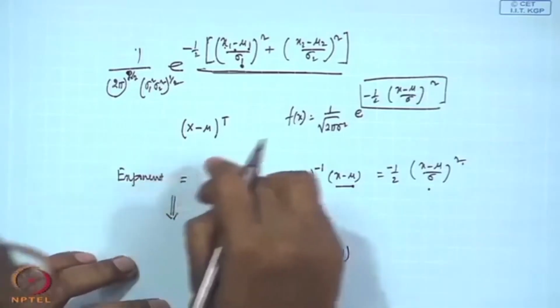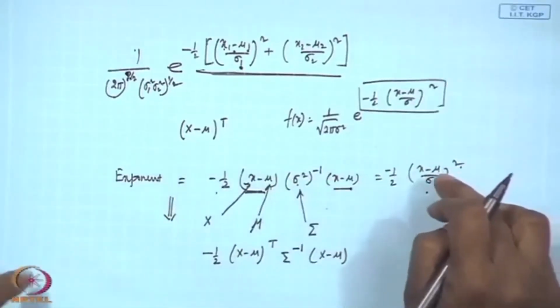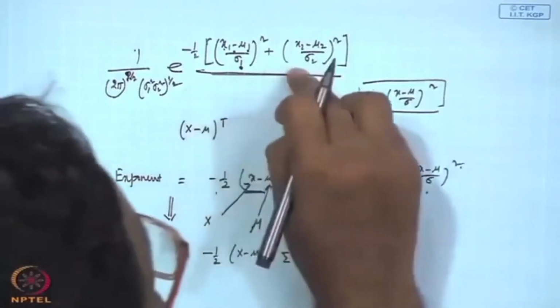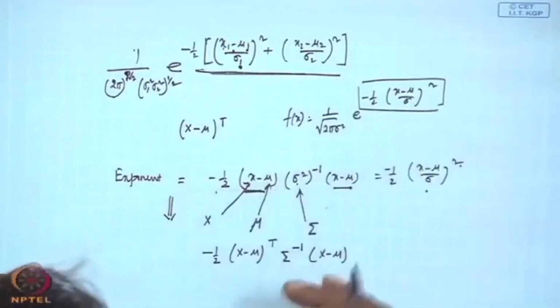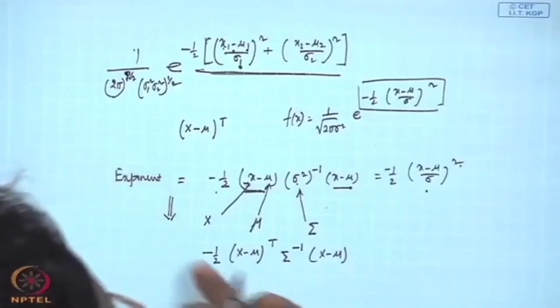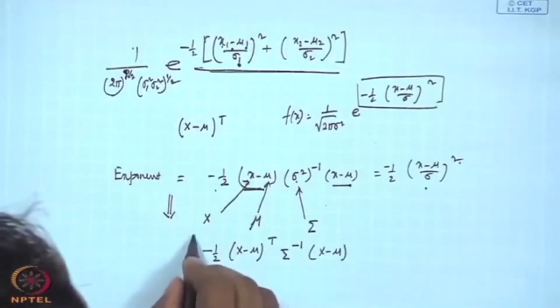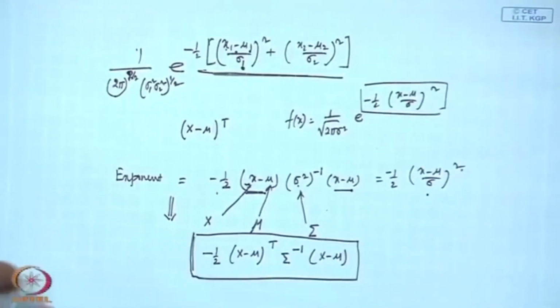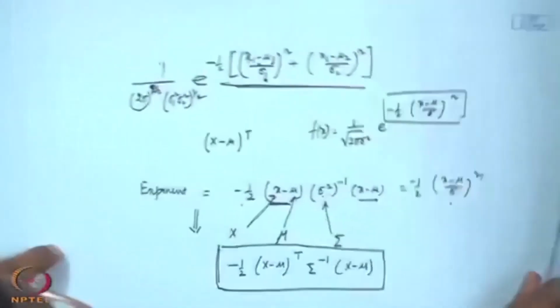From the univariate normal distribution we have taken the exponent part, and going the same way to the multivariate case, our resultant quantity for the exponent will be this. Is it so? Can we prove it now?